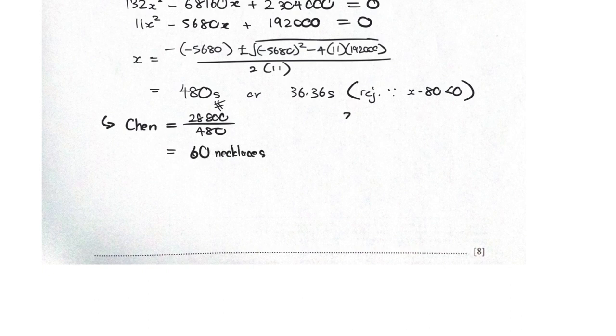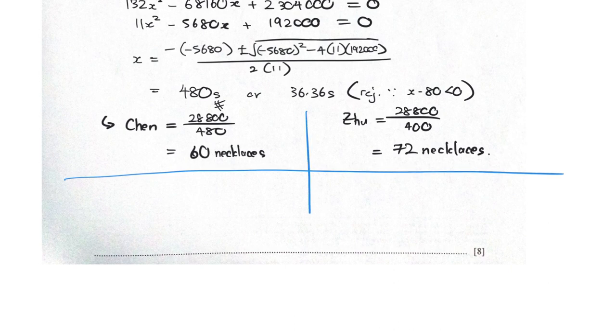And for Zhu, it will be the same 28,800 seconds divided by the faster rate of 400 seconds per necklace. And that will give us 72 necklaces. So I'm going to draw a blue line here and start our second part of the question.